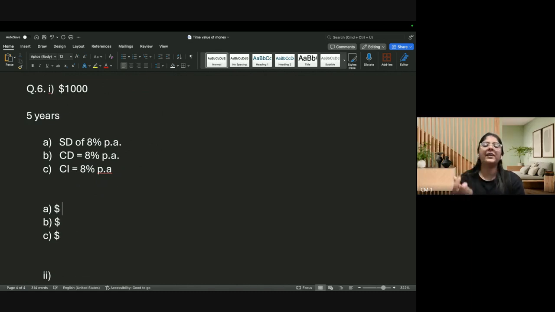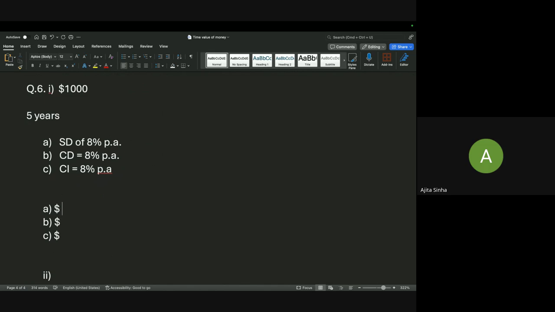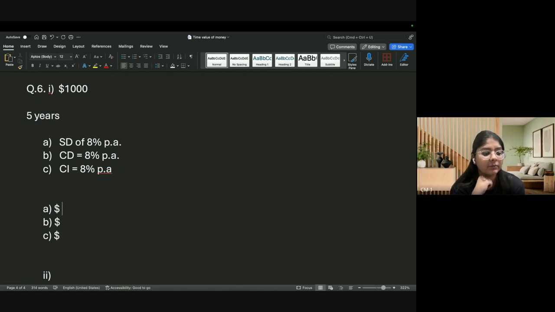No. Let's try doing it stepwise. So 1000 will be multiplied by what will be the formula? It would be 1000 into bracket 1 minus 0.08 into 5. Just that. You have to calculate the accumulated value. You have been given the present value.